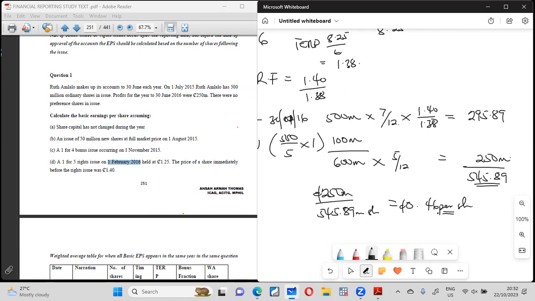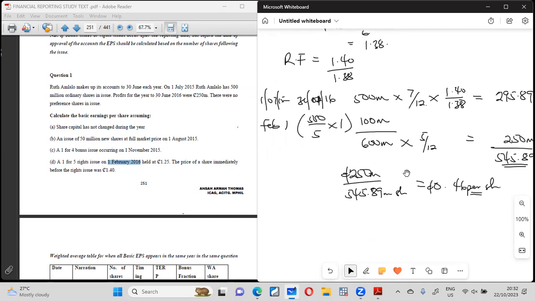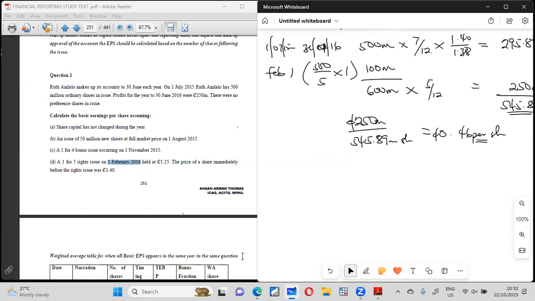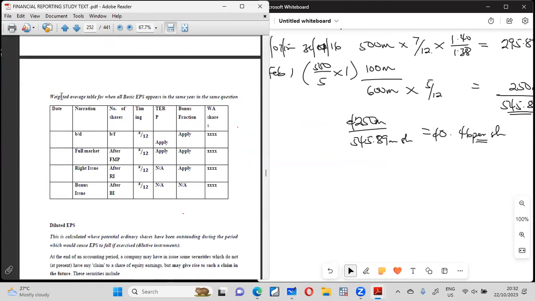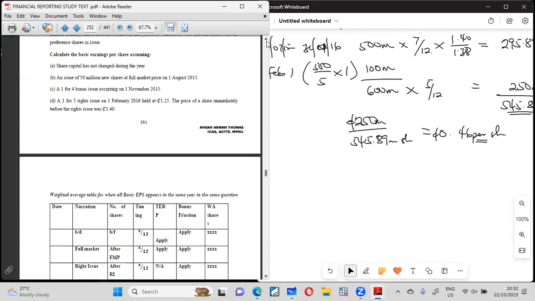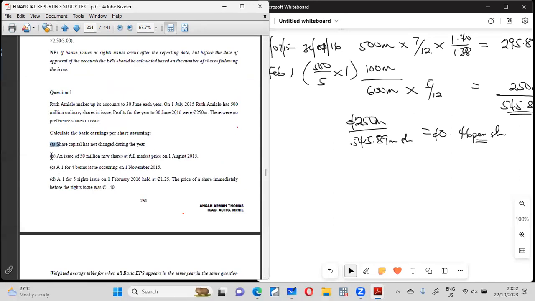So that is how it is. That's how you run it. Now, in an exam, the examiner can decide, instead of making this one A, B, C, D, to remove all of them.